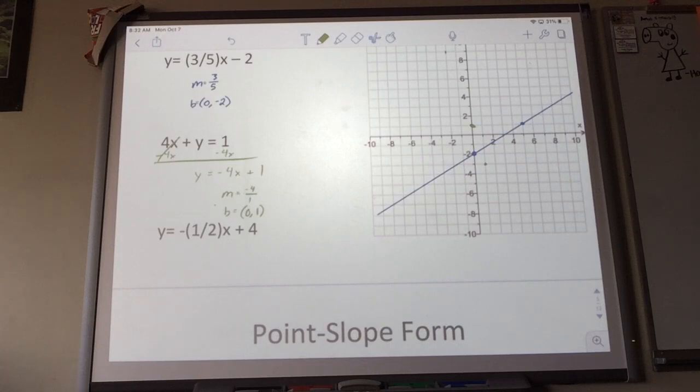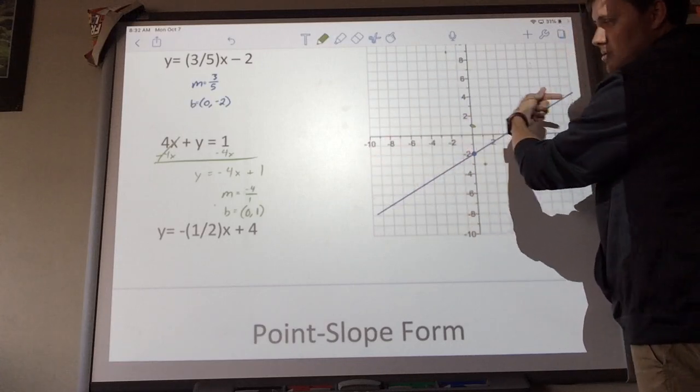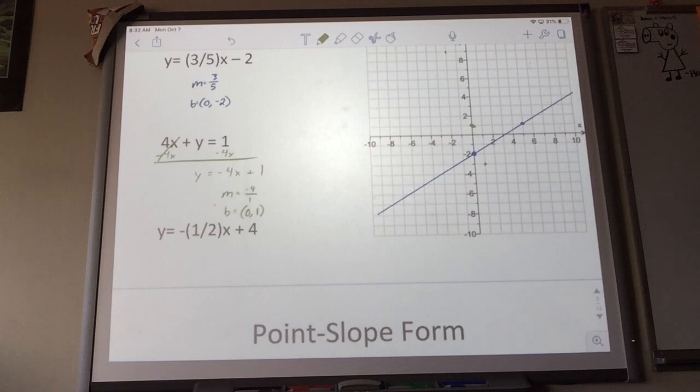So again, that negative made it go down. Okay, nothing makes it go to the left. We go up or down, and then always to the right. The only time we would go to the left is if we were doing the opposite of both. So if I was going up and left, that's the same as going down and right. Okay, so here's my second line.